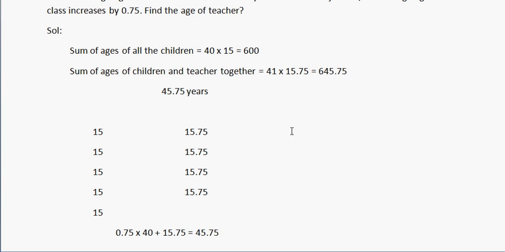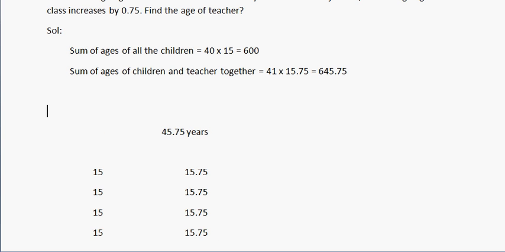So we can also see it from here, right? What we have done is we have written 41 as 40 multiplied by 15.75, plus 15.75. This thing we have written as this, right?